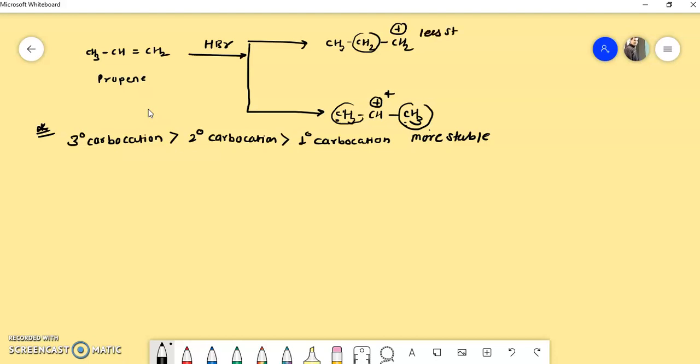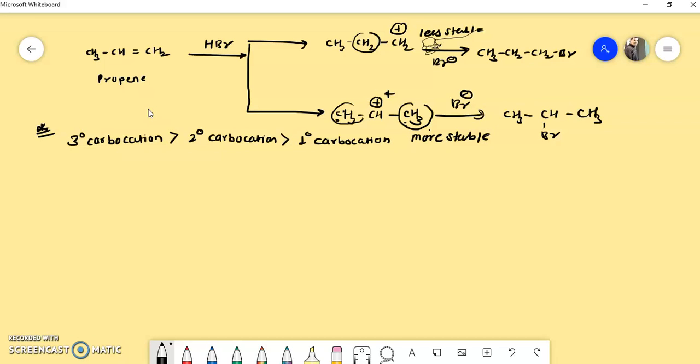It is less stable. And we know that in the next step we can draw the product here. Br minus will get attached to this CH2, so we'll get this product CH3CH2CH2Br, and here if Br minus gets attached, it will attach to this carbon and we get CH3CHBrCH3.